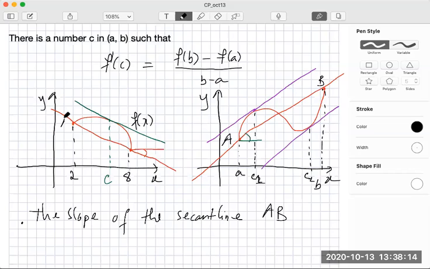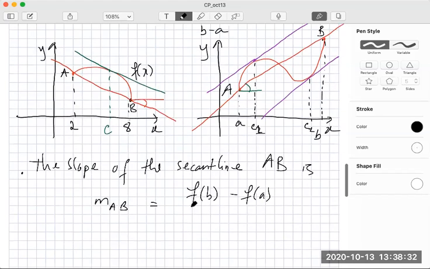And this secant line has the slope m of AB equal to f(b) minus f(a) over b minus a. This is the theorem.